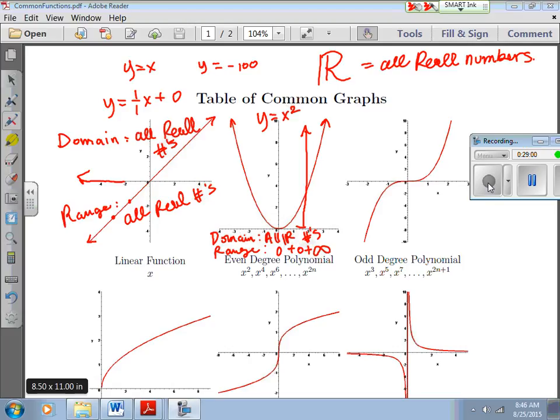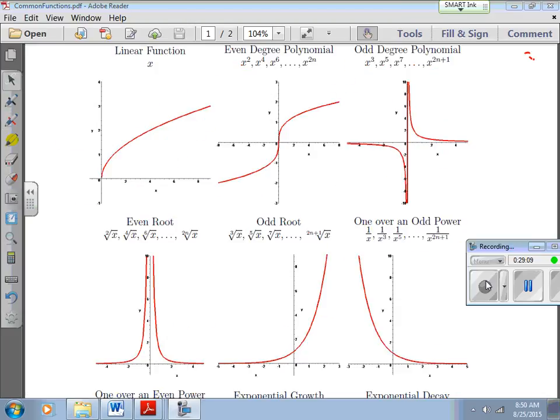Go ahead and see if you can write down the domain and the range for an odd degree polynomial. I'll give you 1 minute. All right, the next one. These are even roots, okay?